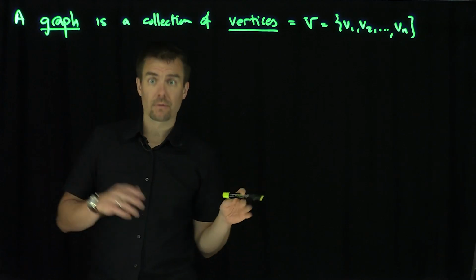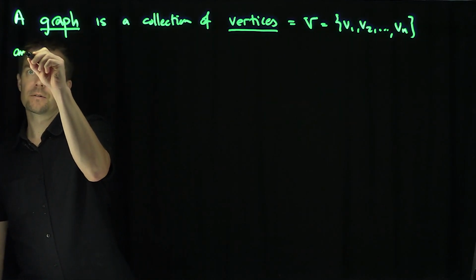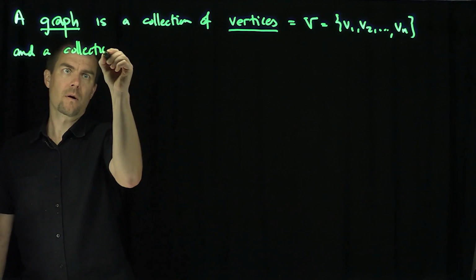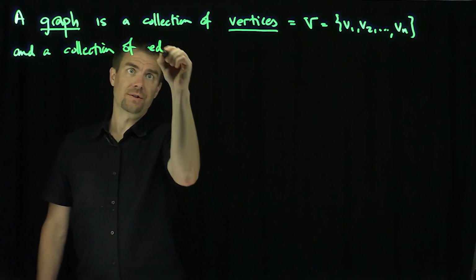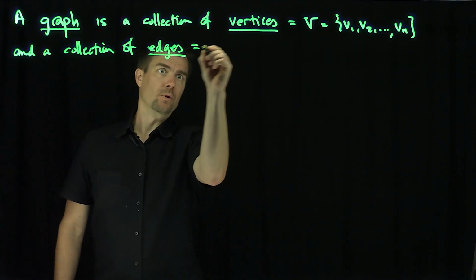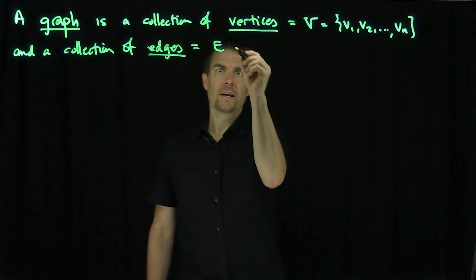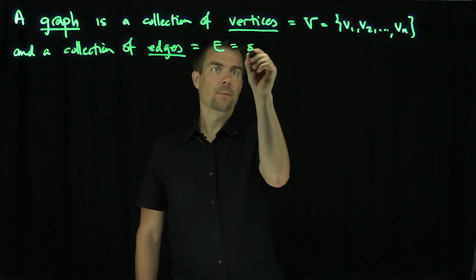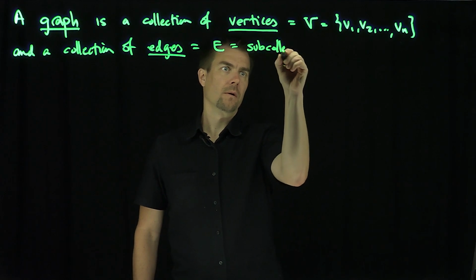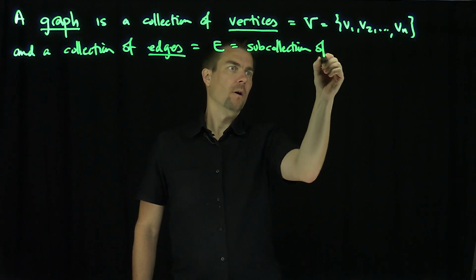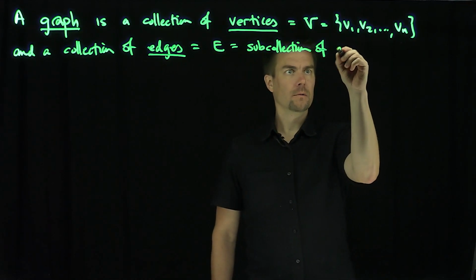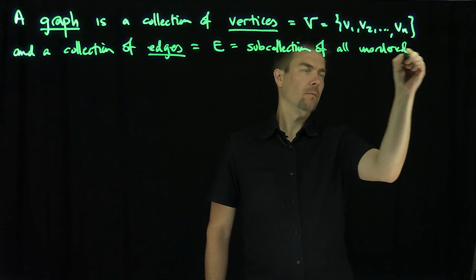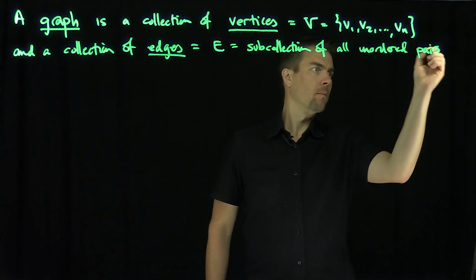We're going to talk about undirected graphs first, and a collection of edges, which we're going to write as E, and E is just a subset of unordered pairs of the vertices, a subcollection of all unordered pairs of vertices.